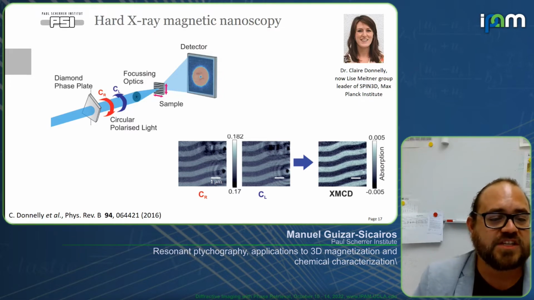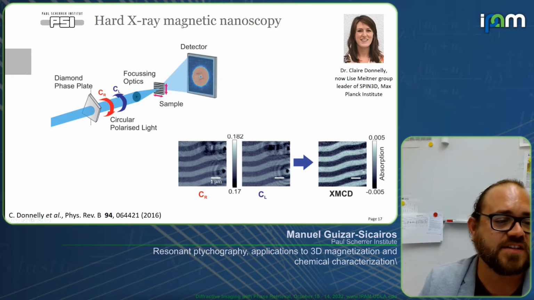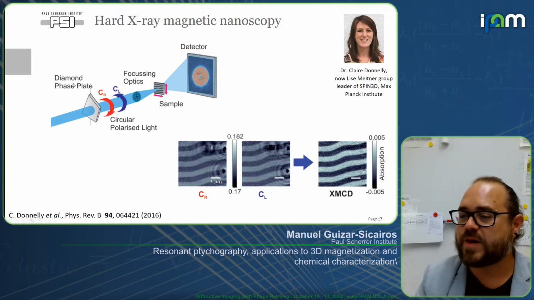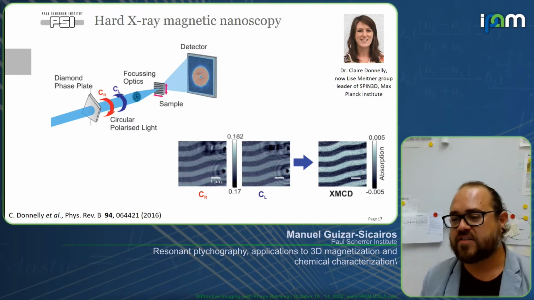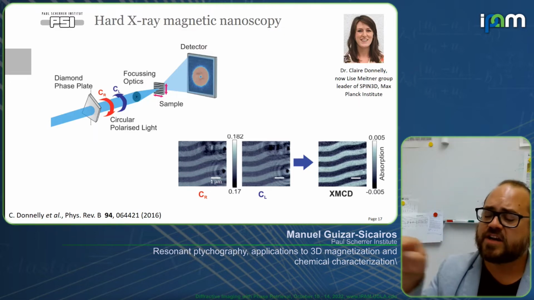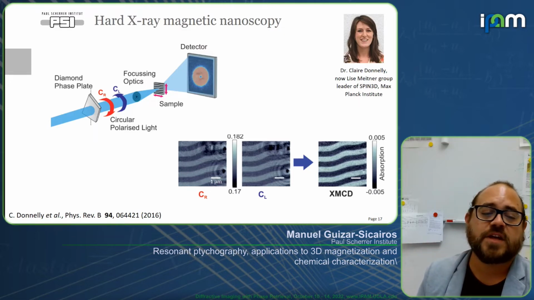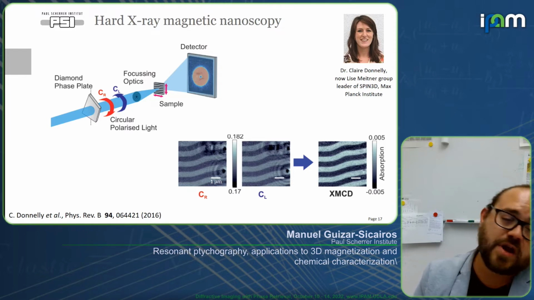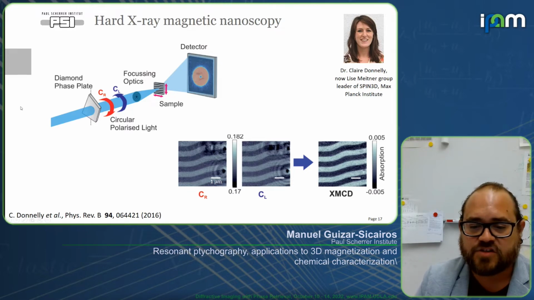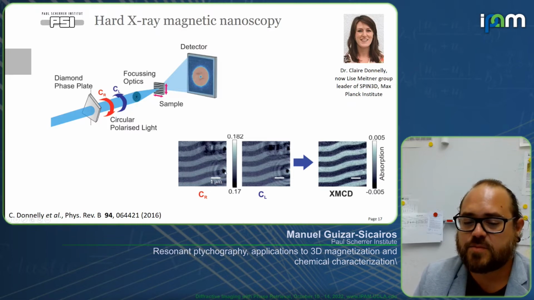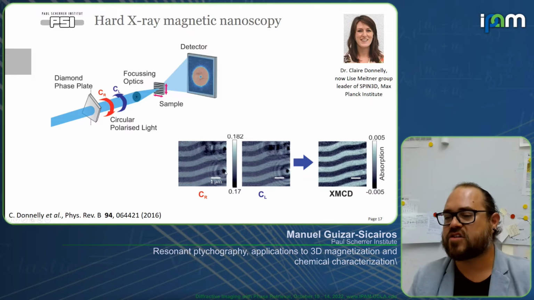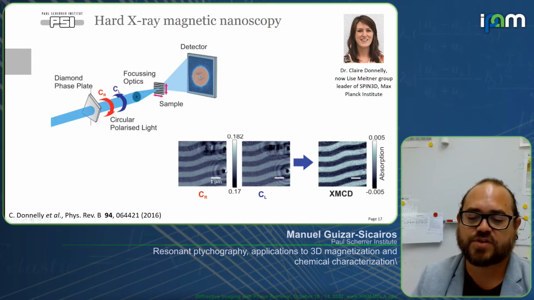So the first step is to get circularly polarized light, and this we get with a diamond faceplate near Bragg condition. This creates a birefringence in the hard X-rays, and we can very effectively convert our linear light from our undulator to circular plus, circular right, or circular left. So here are two-dimensional ptychography scans with some magnetization stripes, and these are just some nanostructures that we deposited in order to make sure that we get the same positions.